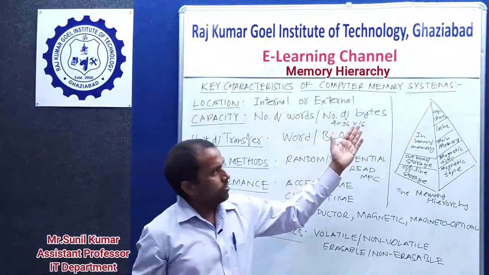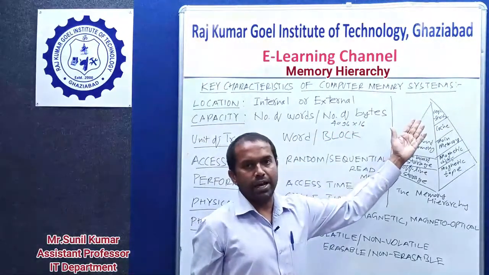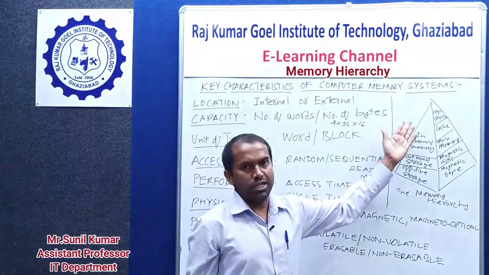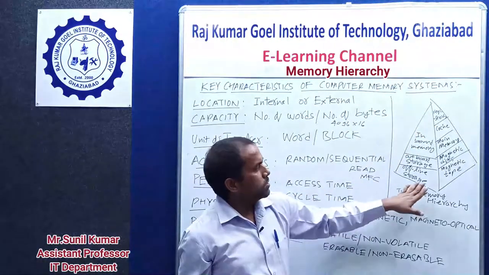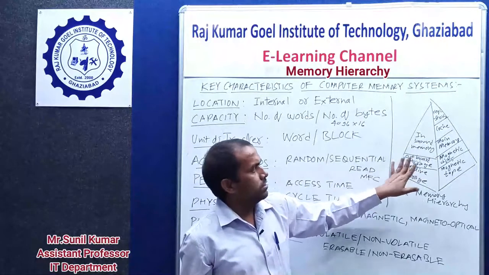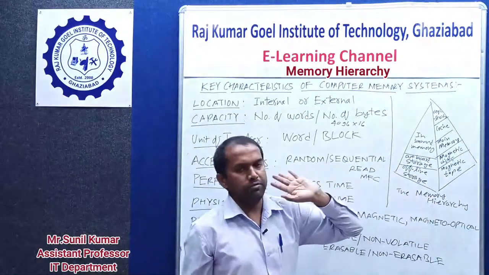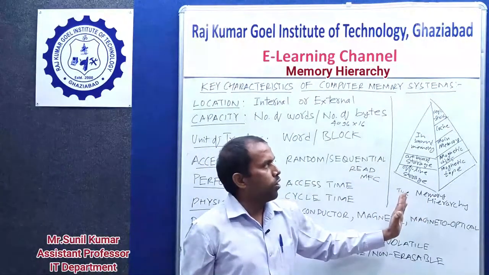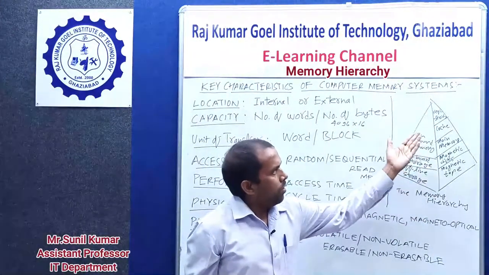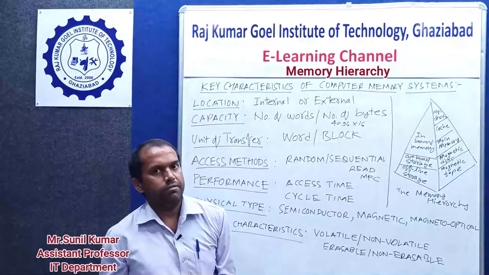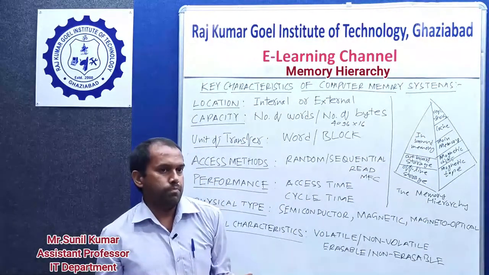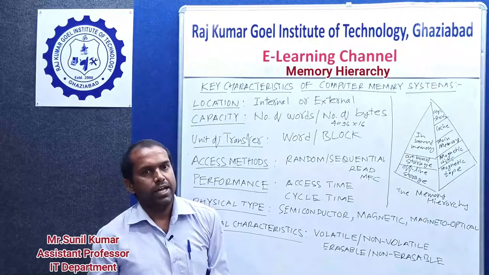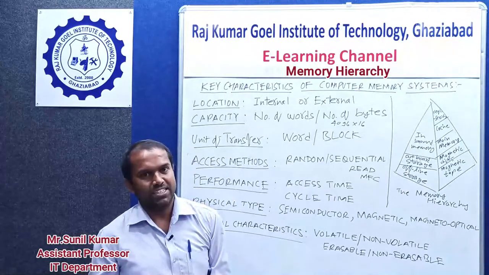They have very less access time, but they are very costly. On this basis, we can place all memories in this hierarchy. When we move upwards, capacity of the memory will decrease, cost per bit will increase, and access time will decrease.